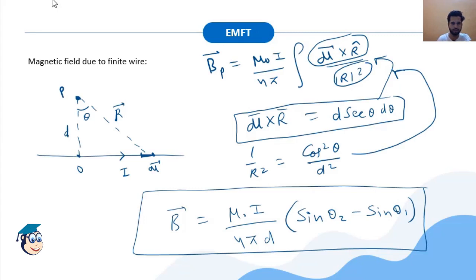Let me show here only. Let's say you have a wire, this much wire, and you wish to calculate the magnetic field at that point. This is d height, this is the first point of the wire, and this is the second point of the wire.